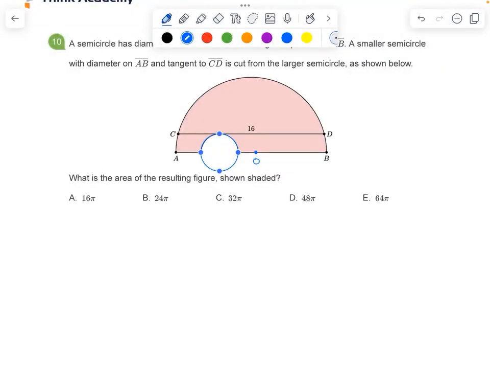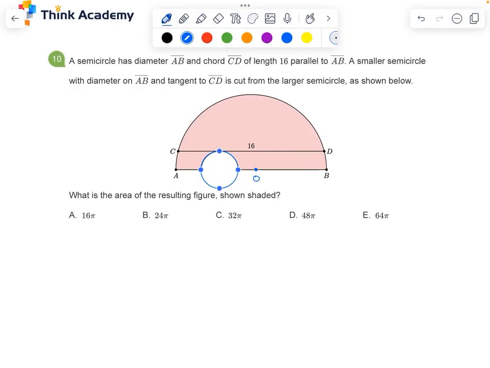Alright, let's look at the diagram. You can see that for the smaller semicircle, I can simply translate it along AB or along CD and keep it tangent to CD. So I can basically translate it to the center of the large semicircle.